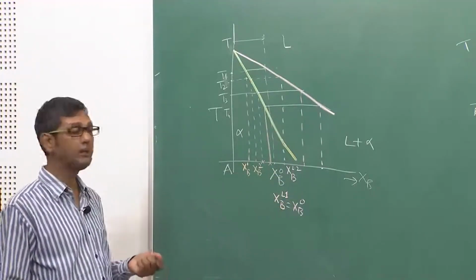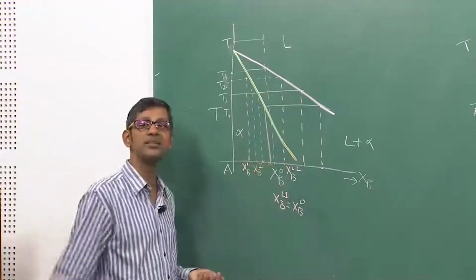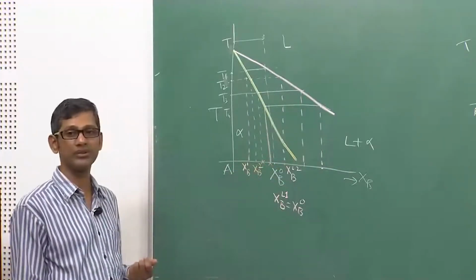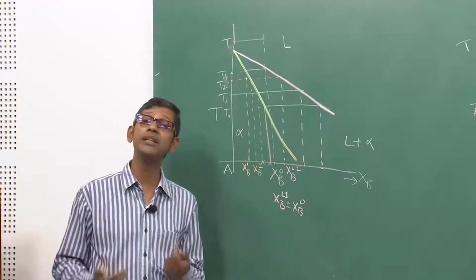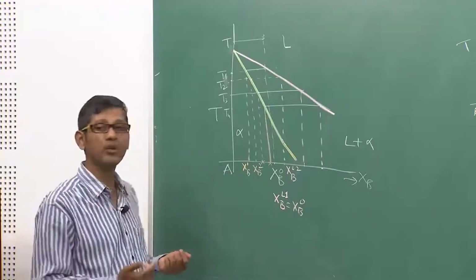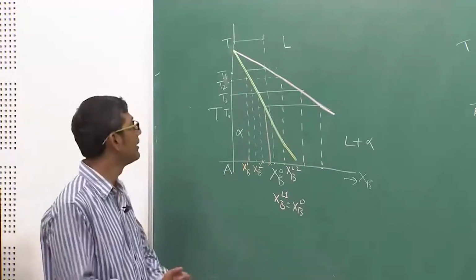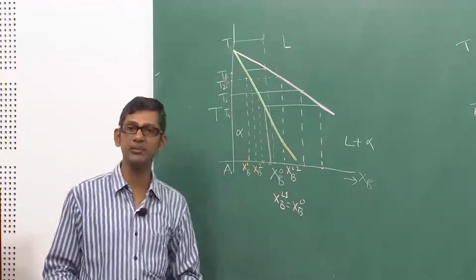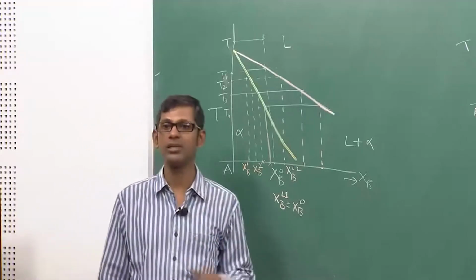But the important aspect is that there is a difference between the solid and liquid compositions, and this happens in equilibrium situations. That means when you are cooling slowly, this will happen, because this is a phase diagram which is based on equilibrium thermodynamic calculations.